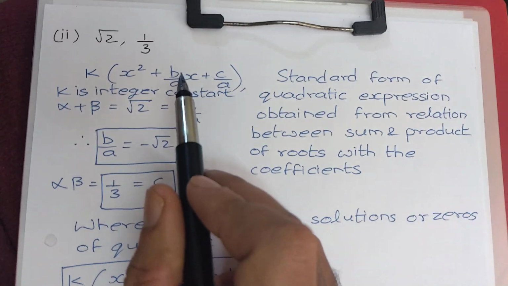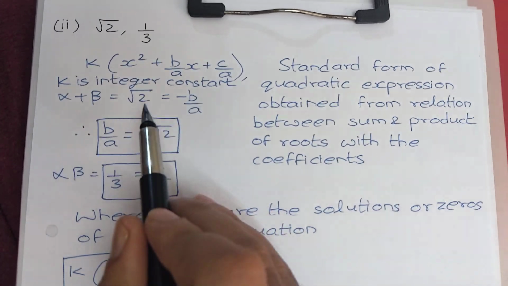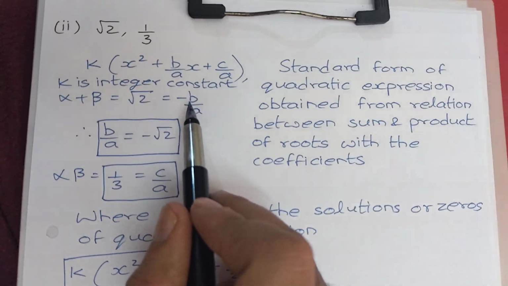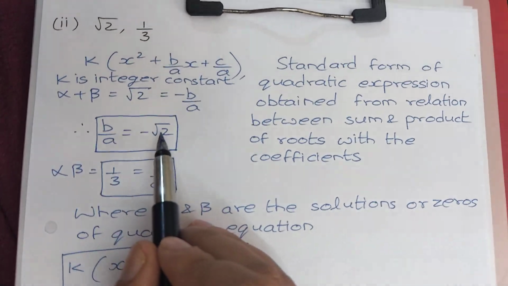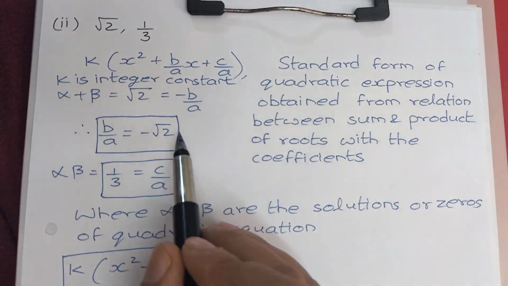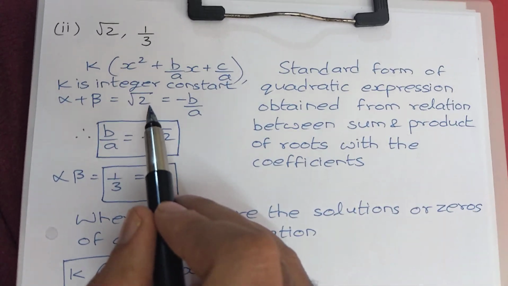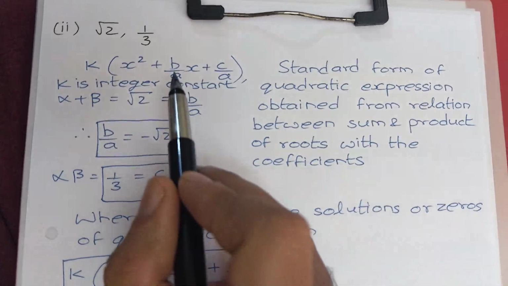But we want plus b by a here. We don't want minus b by a. If minus b by a is root 2, then b by a should be the opposite sign. Let's send the negative sign here, so it will become minus root 2. So in place of b by a, we are not going to put root 2; we are going to put minus root 2.